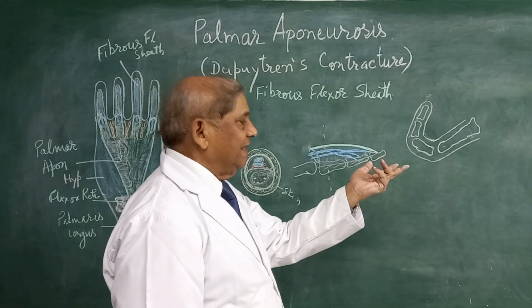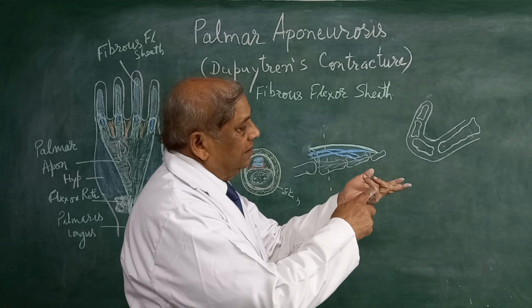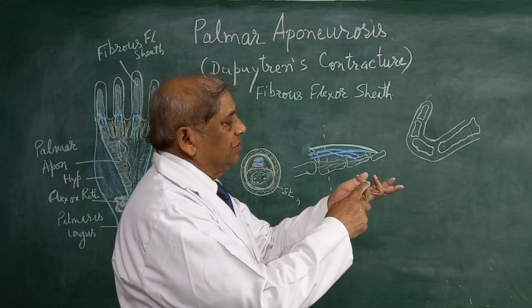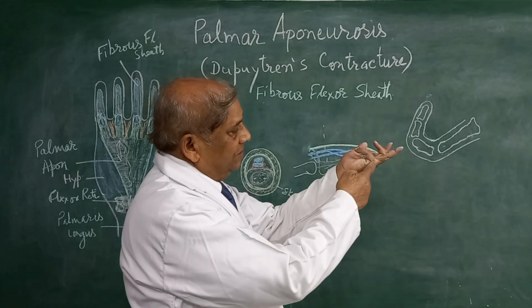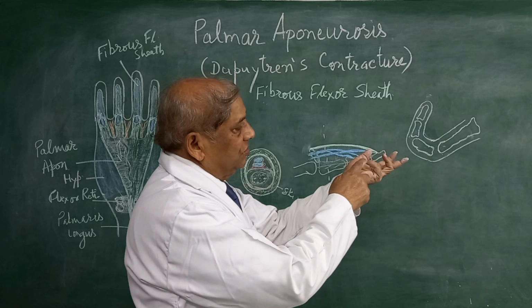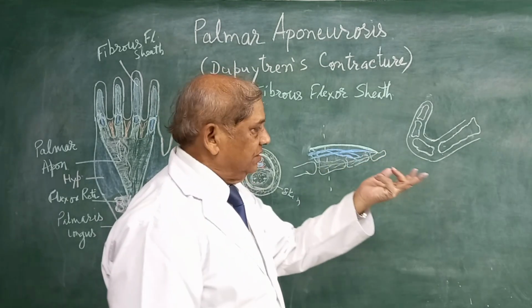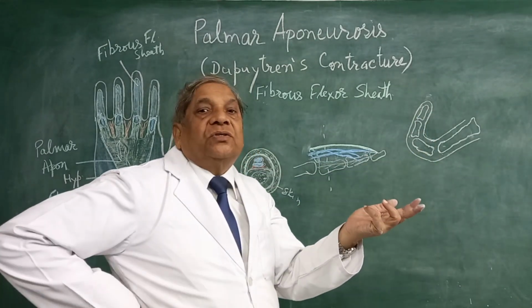So this is flexion at metacarpophalangeal joint and flexion between the middle and the proximal phalanx. Okay, so this is like that. This is the flexion, but there is no flexion at the distal interphalangeal joint. So that is the Dupuytren contracture.